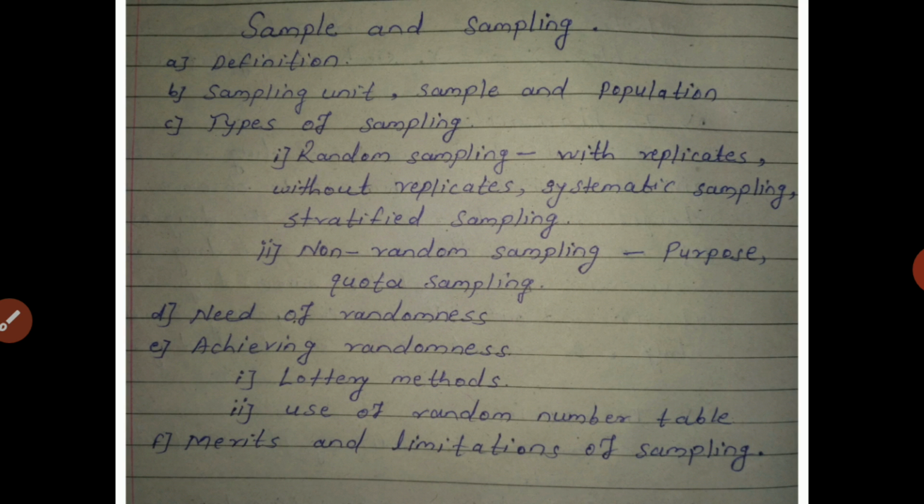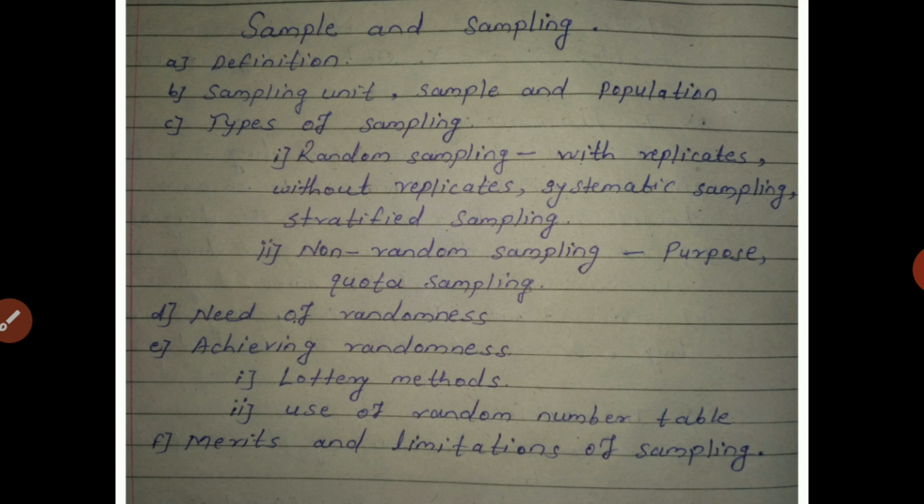In systematic sampling, the first selection of an individual sample is random, and then the further selection of samples is systematic. And in stratified sampling, the population is divided into small populations, and then the selection of sample is done. Then non-random sampling is purposive and quota sampling.